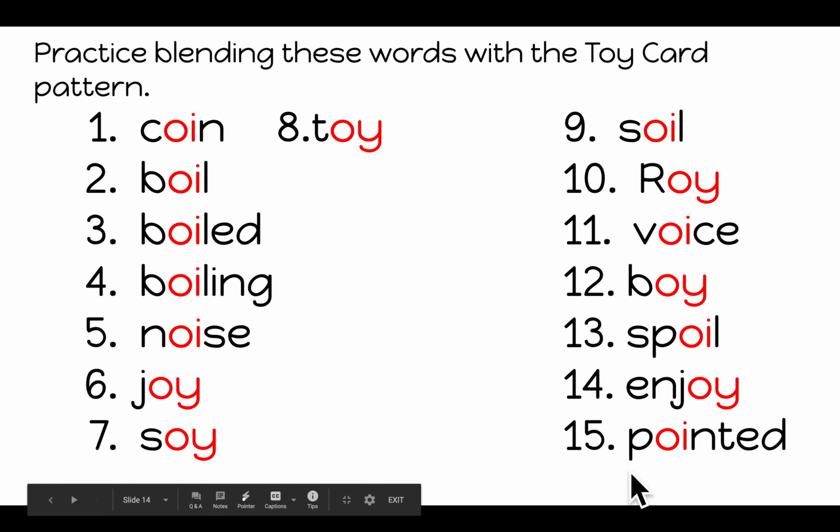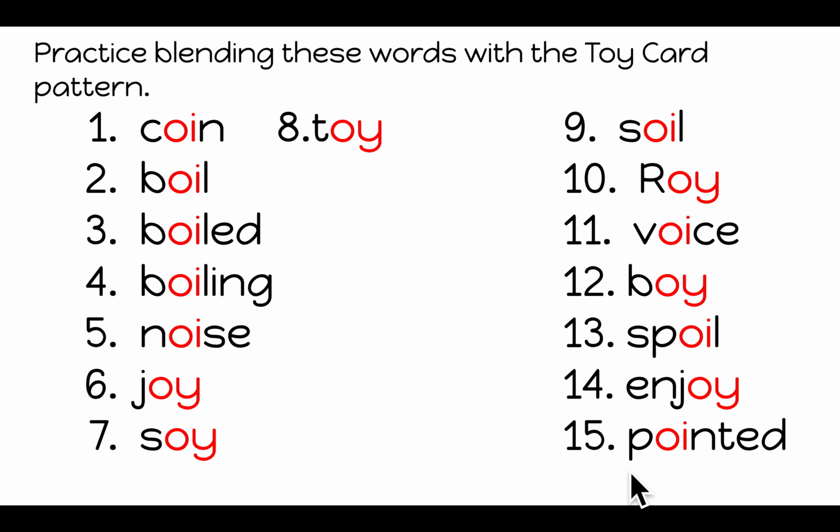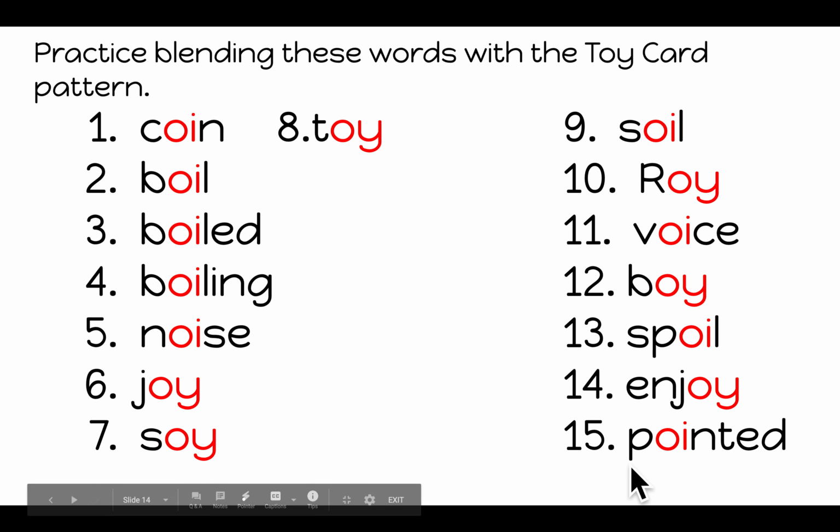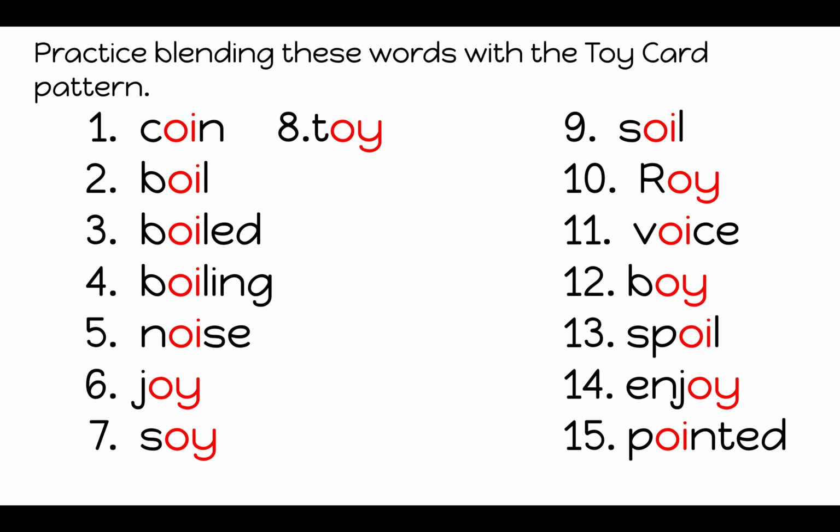Okay, next. This looks like a big word. Take a look at it. Try to read it on your own. And ready together. Pointed. I didn't know who he was talking about, so he pointed to the person. When you point, you use your pointer finger to show where the direction of where someone is.